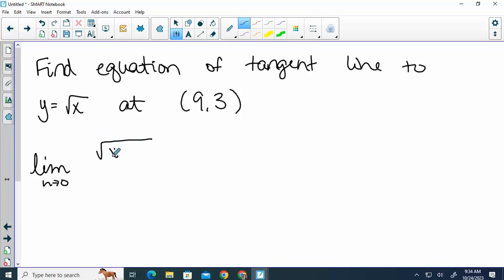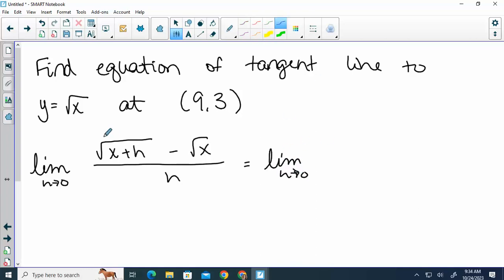So f of x plus h minus f of x all over h. What would we have to do here? So we are going to take top and bottom times radical x plus h plus radical x. So as h approaches 0, when you multiply those radicals, the radical drops.